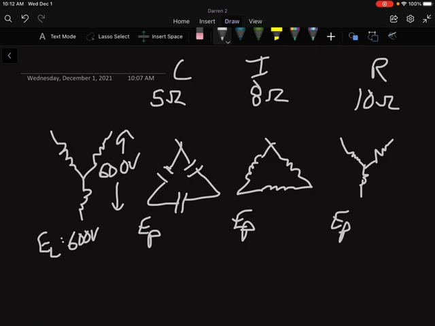If we have 600 volts in the line and we come to delta, when we drop into the delta, we know that voltage in the line and the phase is the same, so we get 600 volts for a phase voltage. The delta inductive load is also in delta, so we again have 600 volts per phase.